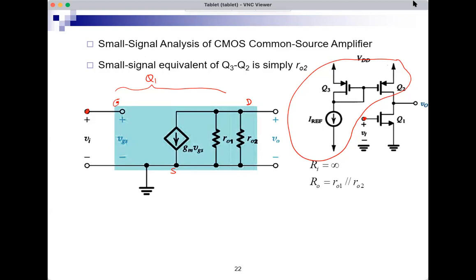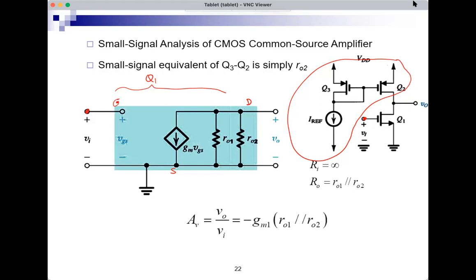But if I remove the 5 and I replace it with a MOSFET Q2, which has an ro that is also 50, the parallel combination of two 50s is 25. So instead of 4 point something, I have 25. So yes, I do have resistors in parallel, but still I would get much more gain. So it's worth the improvement.